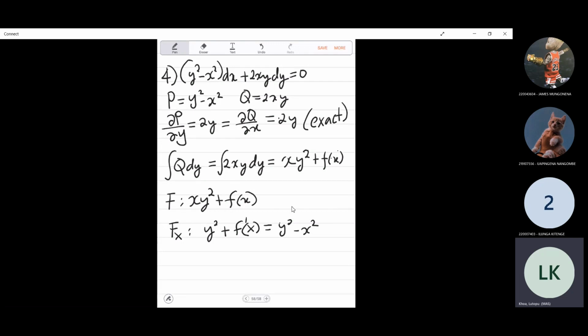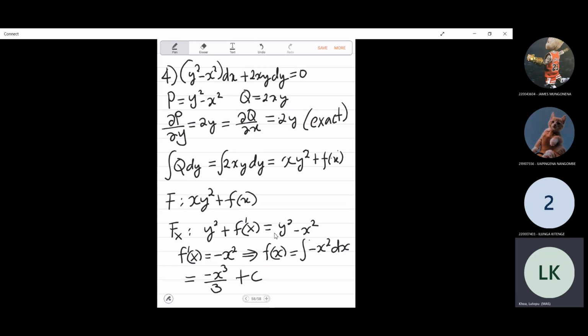So the y squareds will cancel. That means I have f prime of x is equal to minus x squared, and from here I can work out f of x, which is just the integral of minus x squared dx. And this is equal to minus x to the power of 3 divided by 3 plus my constant of integration. So now I write down the solution.